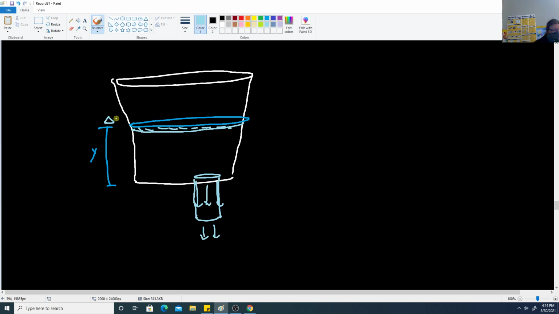And so we'll have delta y, the change in the water level at height y. The change there is going to be based on how fast and how much water is flowing out the bottom. That will tell us how much it drops up here.